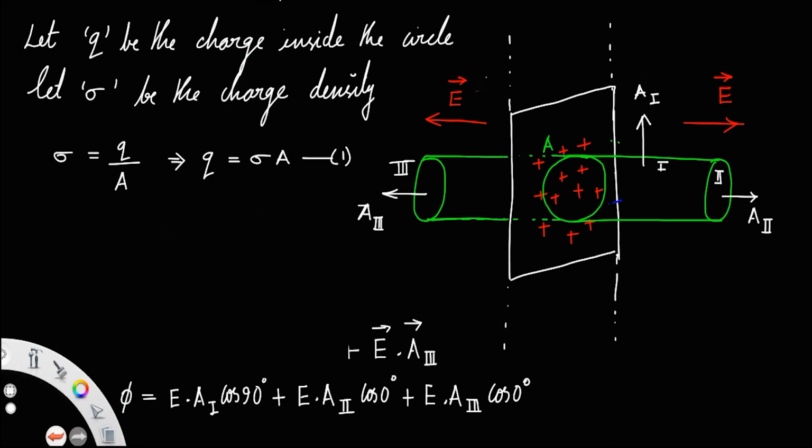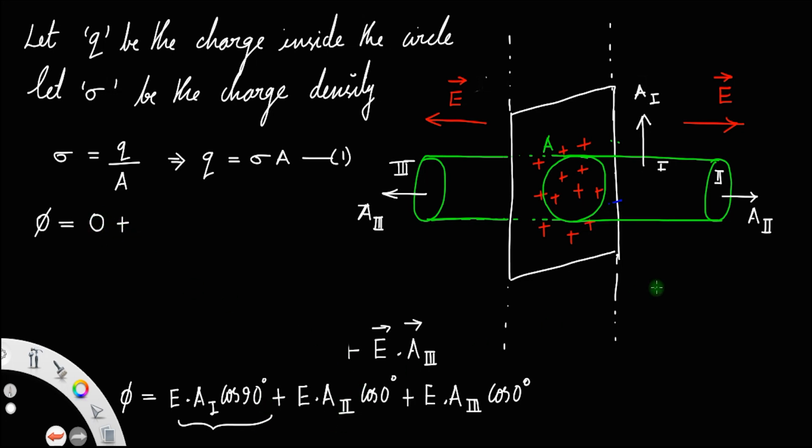Now simplifying, you will get phi is equal to E. I don't have to write the first term because cos 90 is 0, so this term will be 0.